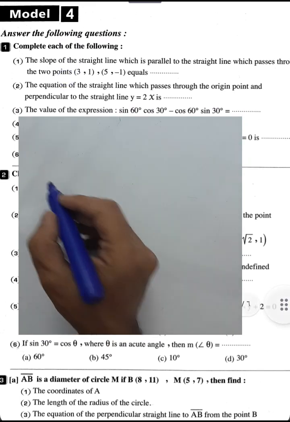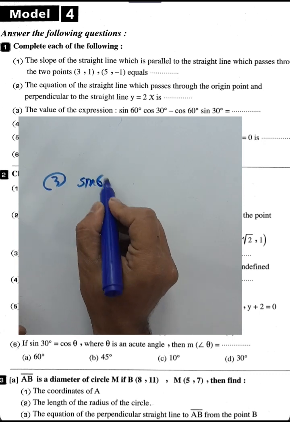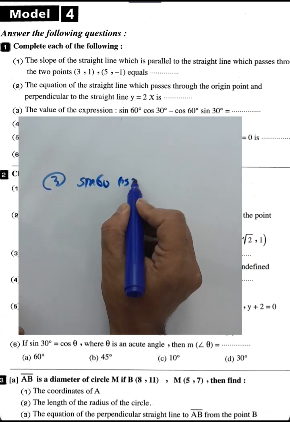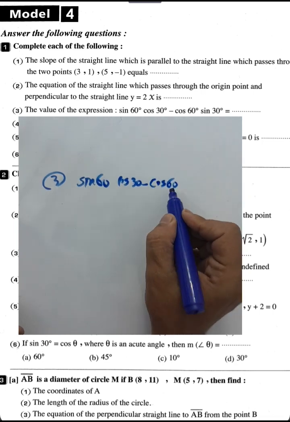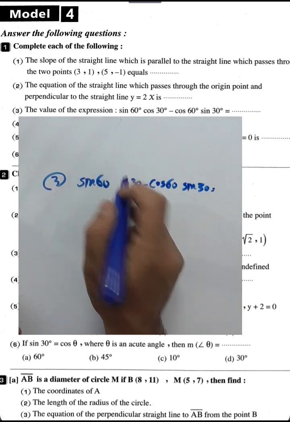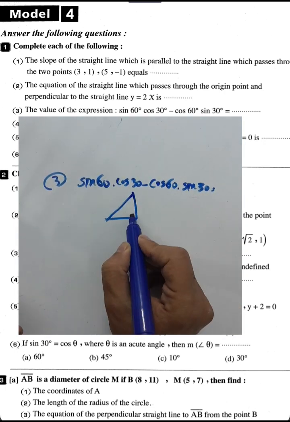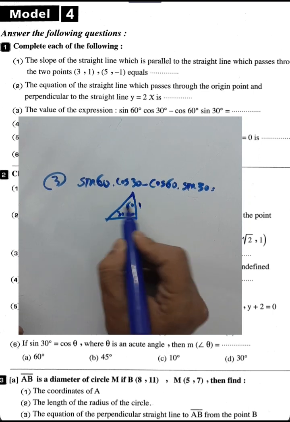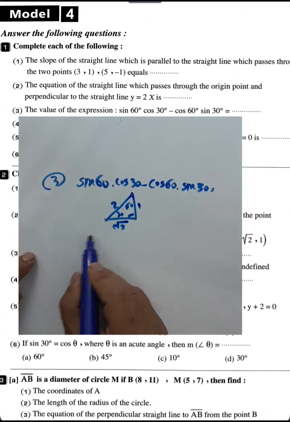Number 3. The value of the expression sin 60 cosine 30 subtract cosine 60 sine 30. We have a right angle triangle with 30, 60, and 90. Sine 60 is opposite over hypotenuse, root 3 over 2.